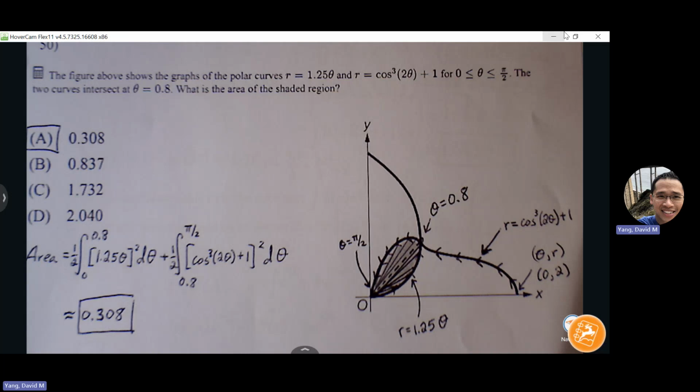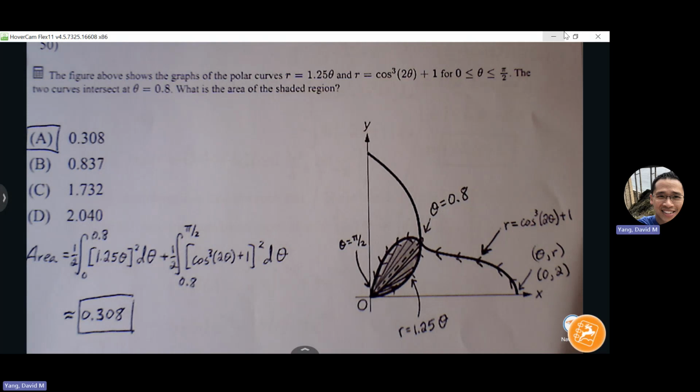It starts at 0 and makes its way to pi over 2 there. But r equals cosine of 2 theta plus 1 doesn't start over here, it starts over here at 2. Because if I plug in 0 for theta, I get cosine of 0, which is 1, and 1 plus 1 is 2. So it actually starts here and then moves its way here.